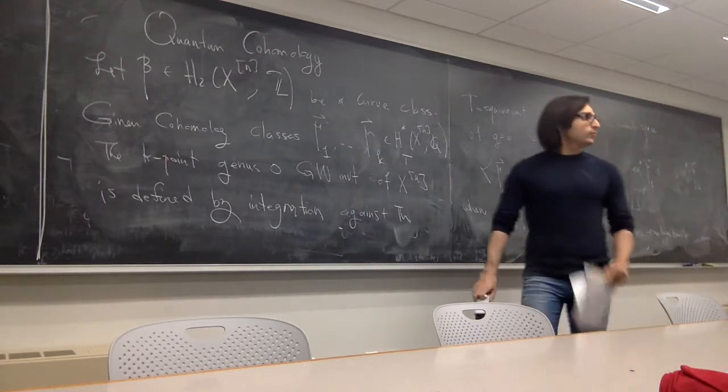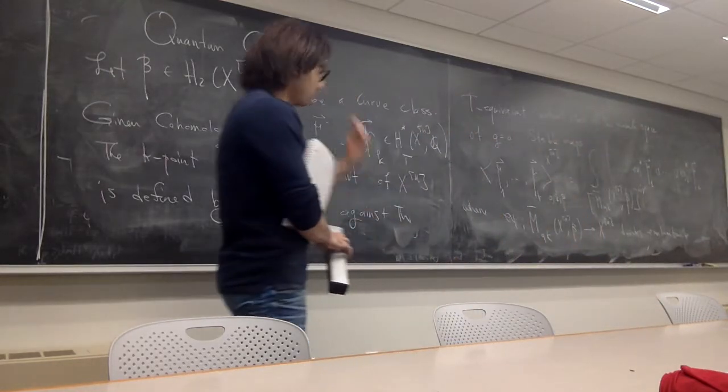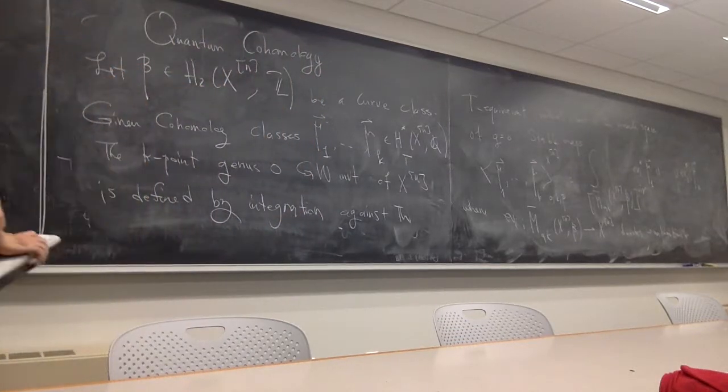So where's the dependence on i? Those EV_i maps.